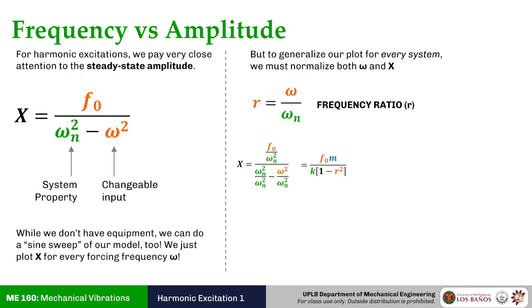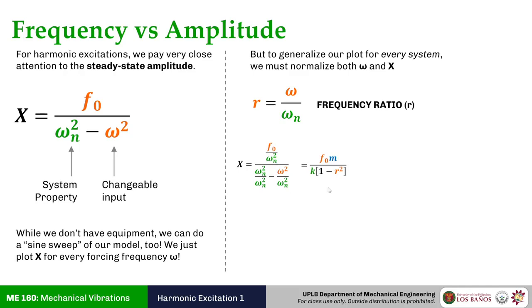And again, what is the specific forcing amplitude? It is the force over the mass. So that essentially turns it into big F naught again. So if you turn it into big F naught again, you'll get F naught over K, F naught over stiffness.